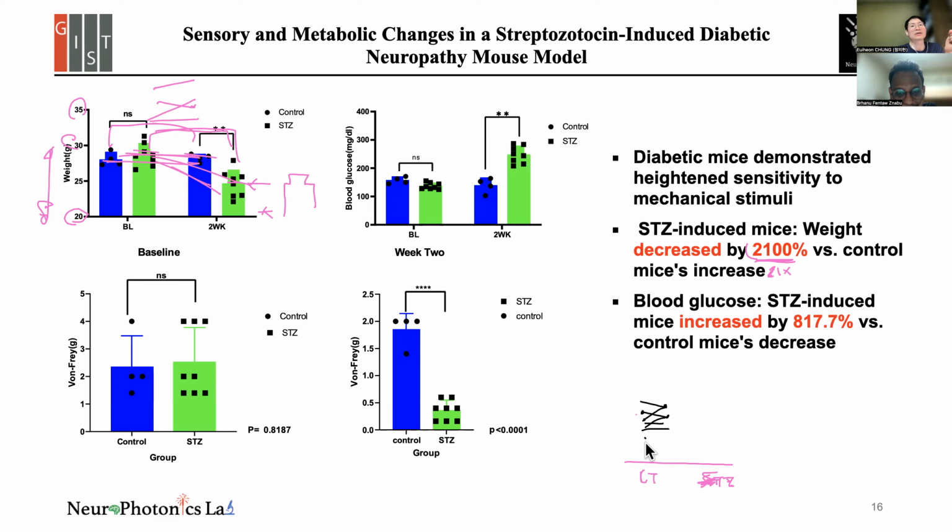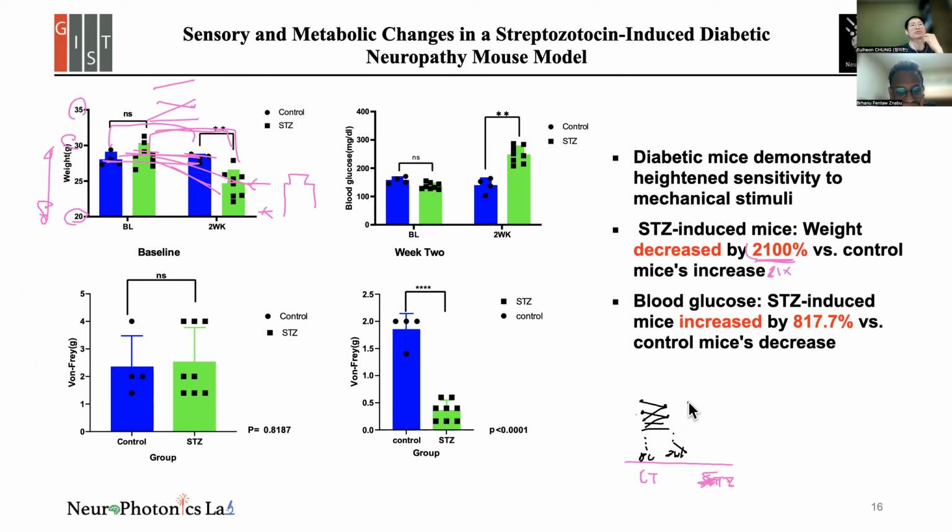Like this, okay? Baseline, 2 weeks after, okay? And streptozotocin, you want to have. You need to make a better consistent color coding.